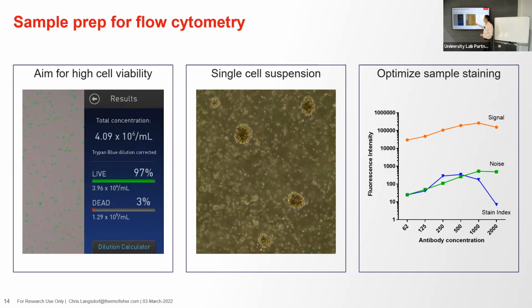Besides that, these are some human natural killer cells that naturally form these clumps. What would happen if I just ran this through a flow cytometer with these enormous clumps of cells? Nasty clogs.